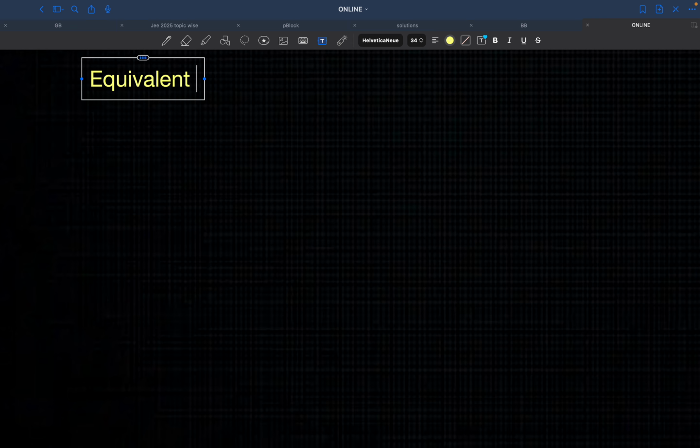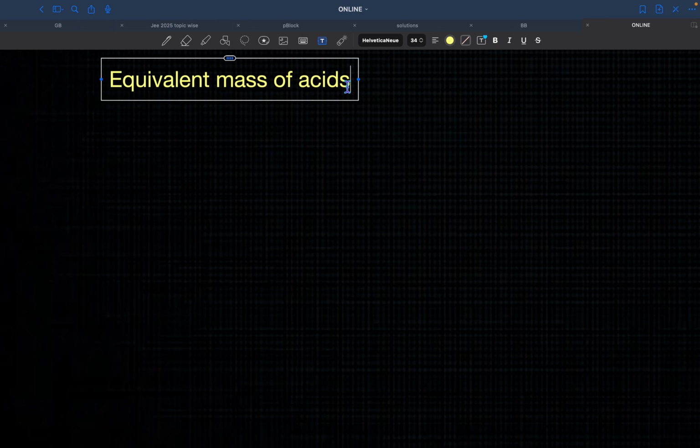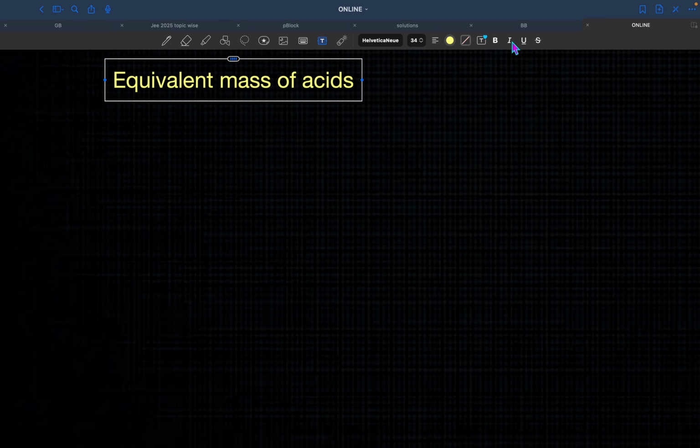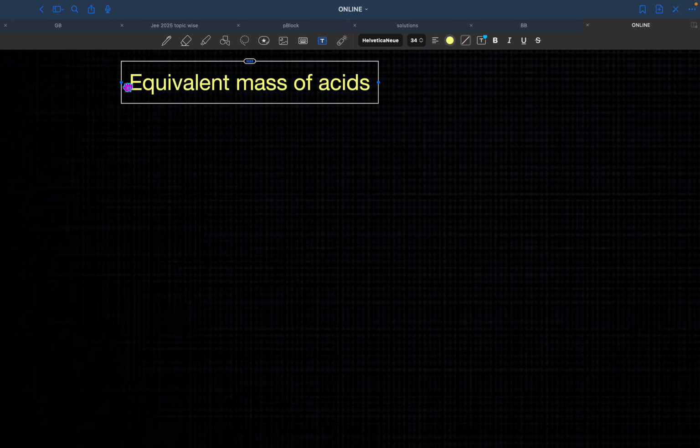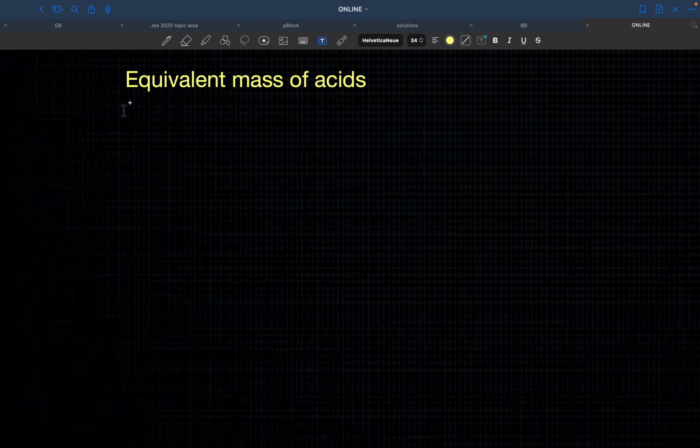Okay, so we'll jump to the next part, equivalent mass of an acid. This is important here. How do we calculate this? We should know the n factor of the acid, then only we will be able to solve this.